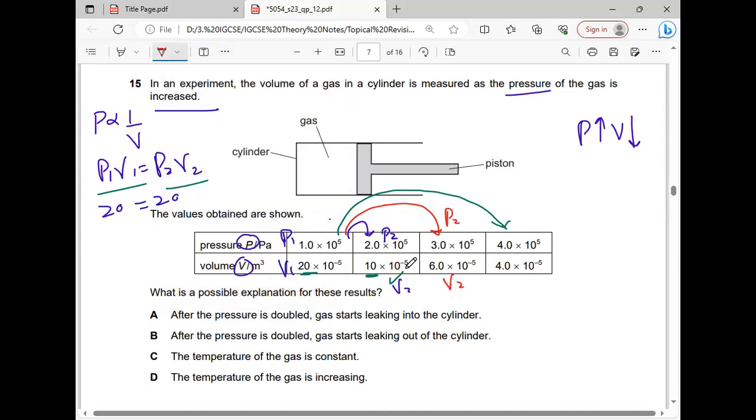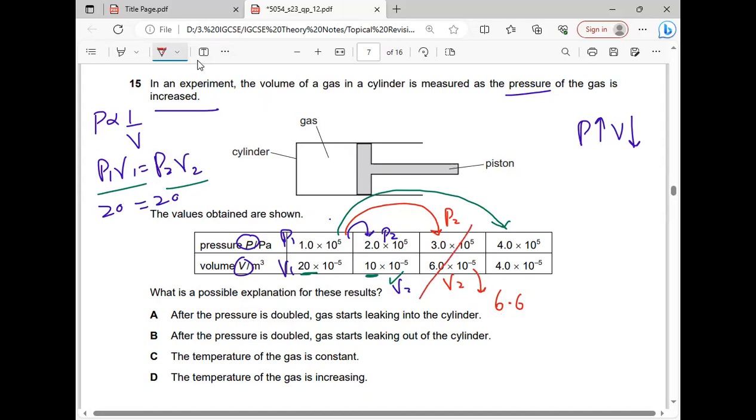When I solved this, the answer was 6.6. Now it means that these are not exactly inversely proportional to each other. If pressure has increased 3 times, volume has to decrease 3 times as well.